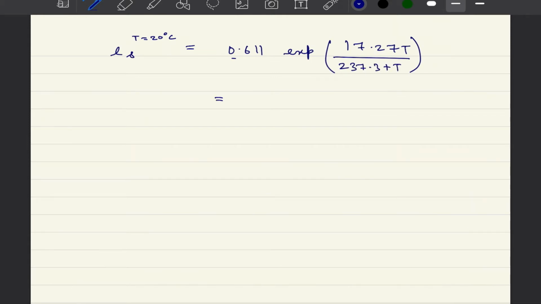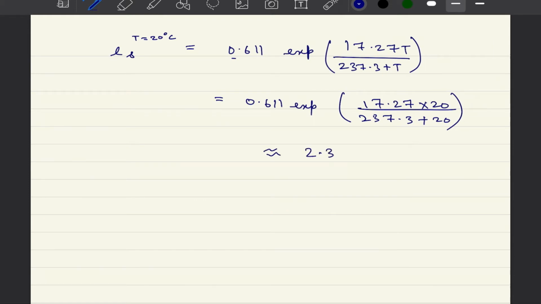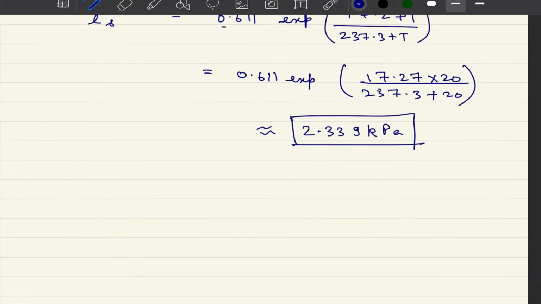When we substitute the values here, we end up with 0.611 exp(17.27 × 20 / (237.3 + 20)), which upon simplifying gives us the value as 2.339 kilopascal.